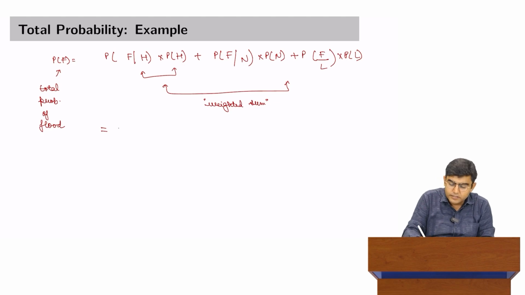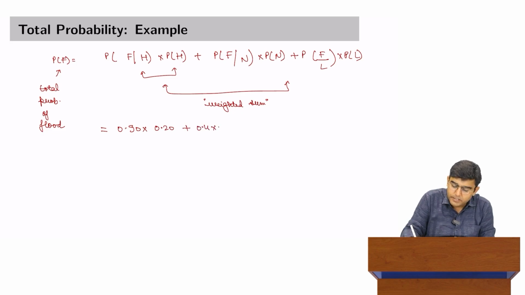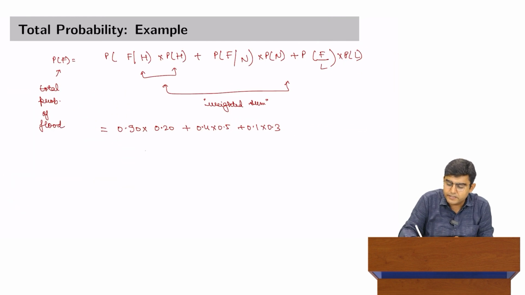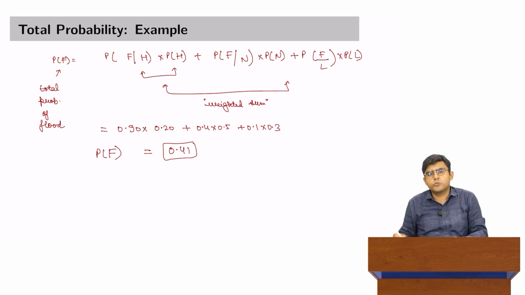So in this example, this simply becomes 0.9 multiplied by 0.2 plus 0.4 multiplied by 0.5 plus 0.1 multiplied by 0.3. All these numbers come from the values here of H, N and L and individual probabilities as well as conditional probabilities. And when we sum, we see that the probability of flood while accounting for all snow conditions comes out to be approximately 41% in a given basin.